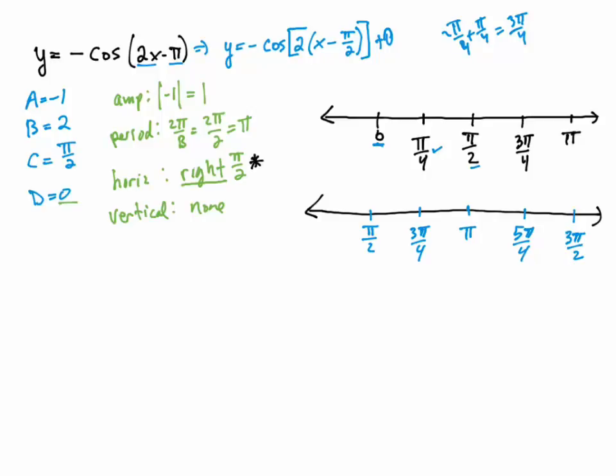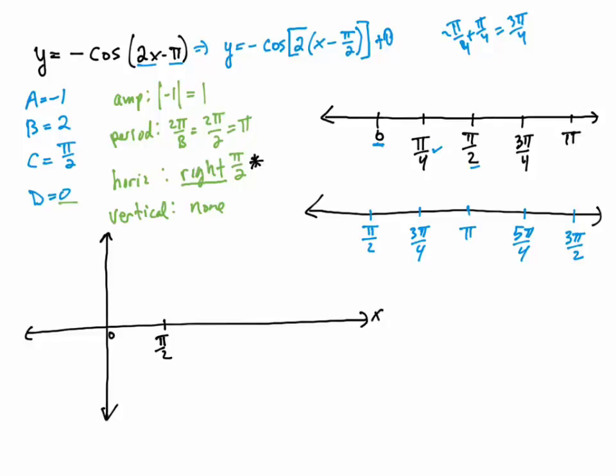So after any horizontal shifting has occurred, these are the values that we use. So going ahead and graphing this, the graph is not going to start at 0, it's going to start at pi over 2. So how about pi over 2 right here? The end of the period is 3 pi over 2. The middle is pi. And then the quarter marks are 3 pi over 4 and 5 pi over 4.